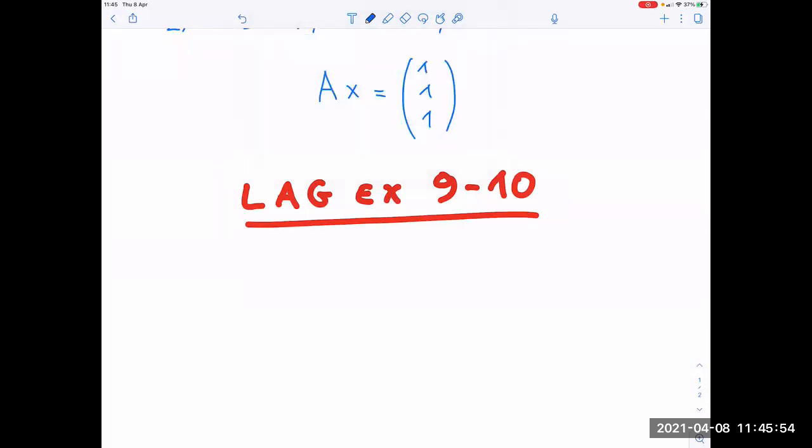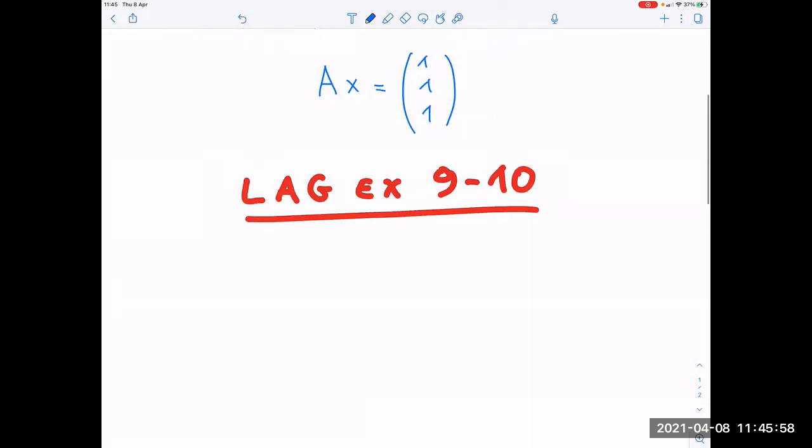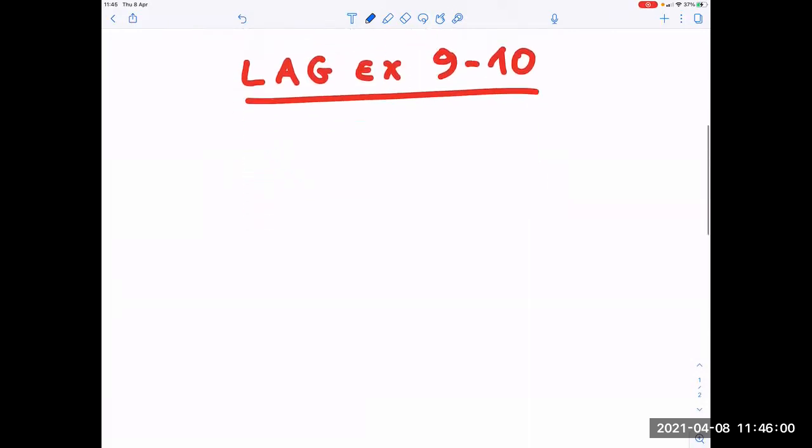Let's start with a few warming up exercises coming from the exercise sheets. Let's have a look at this one. The matrix A: 1, 0, 1, B, 1.